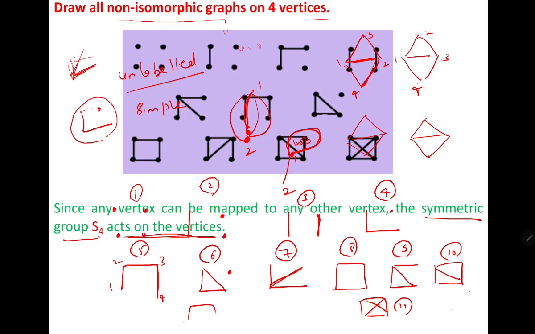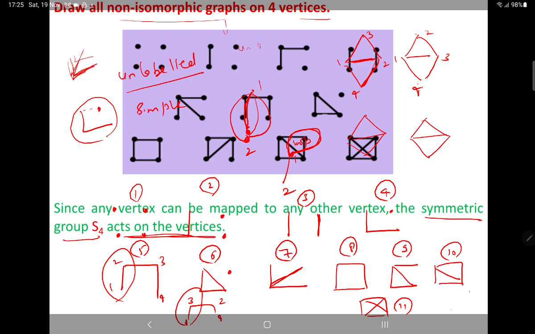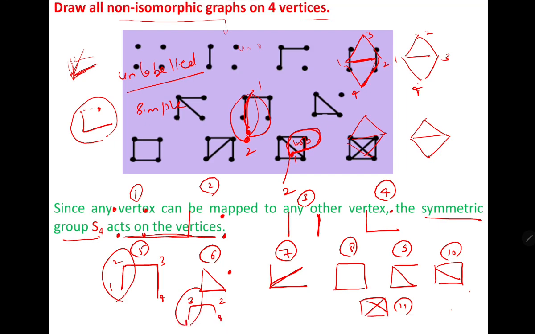If you interchange any two of them, for example 2 and 3, you make 3 2 1 4, so the change in terms of the adjacency, here 1 2 is adjacent, here 1 3 is adjacent, but there is no change in terms of the vertices. The graph remains the same. If you see in terms of the vertices, then there is no change in the graph if edges are not considered.